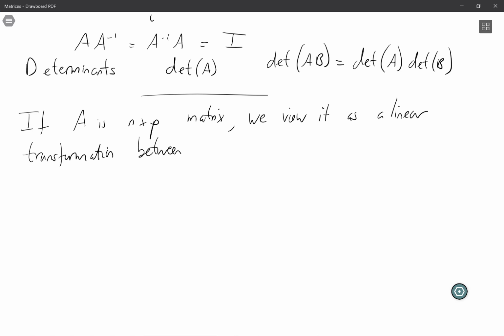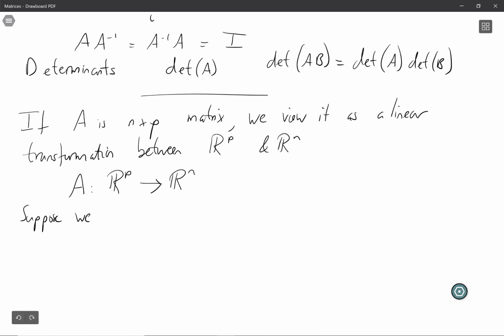Okay? So between R^p and R^n. Okay, so A is a map from R^p to R^n.